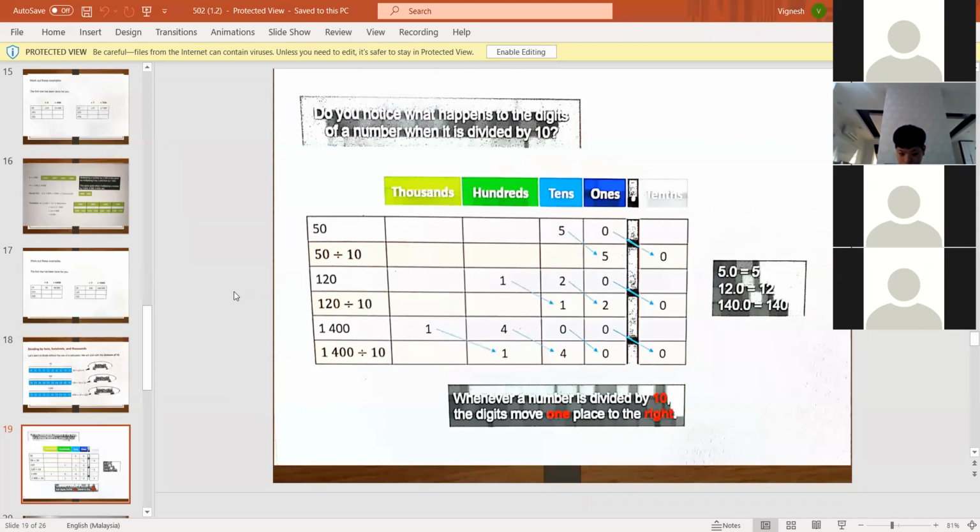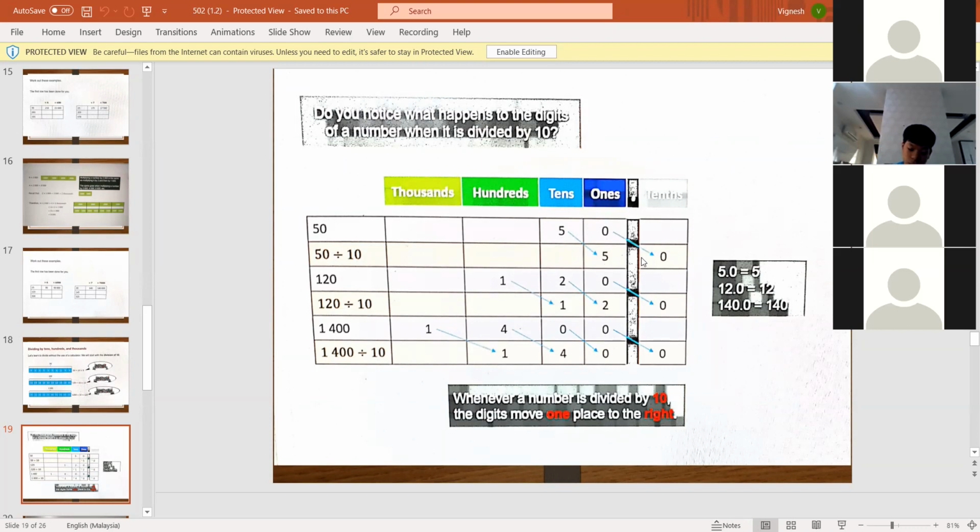Whenever you multiply by 10, you are moving 1 place to the right. How? Okay, let's say 50. 50 means 5 should be in the tens place value and 0 should be in the ones place value. Correct or not? So when we divide by 10 it means we are moving 1 decimal place to the left. Correct or not? We are moving 1 place to the left.